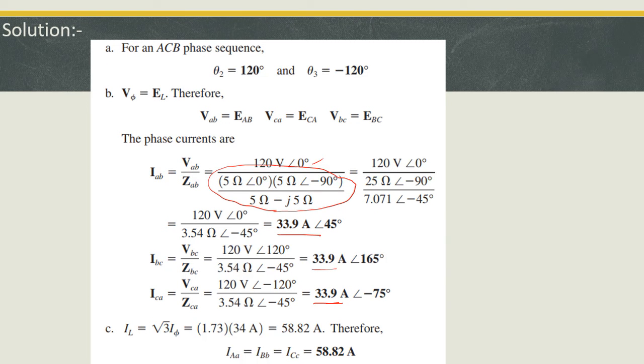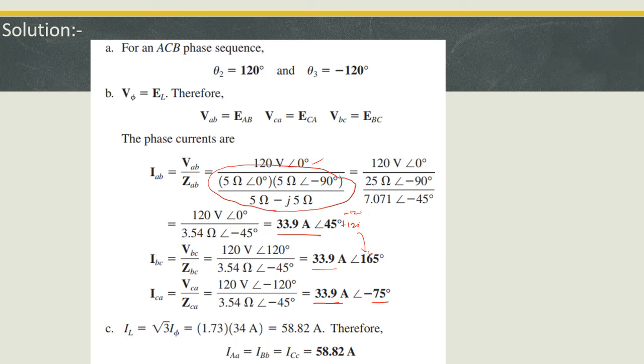Similarly, the phase shift between these currents is 120 degrees. Just add 120 degrees, then you get this value. Similarly, if you add minus 120 degrees here, then you get this value of minus 75.